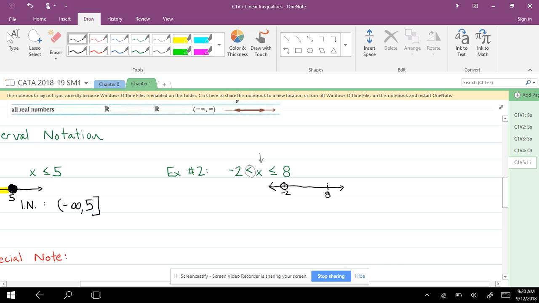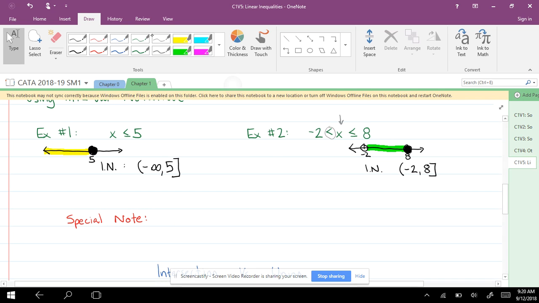And since it's less than or equal to on the 8, I'm going to have a closed circle. And it's going to be everything in between those two. That leaves me with my interval notation of parenthesis negative 2 to 8 with a bracket. I'm getting close to the negative 2, but not actually negative 2. And I'm getting all the way up to 8 itself.